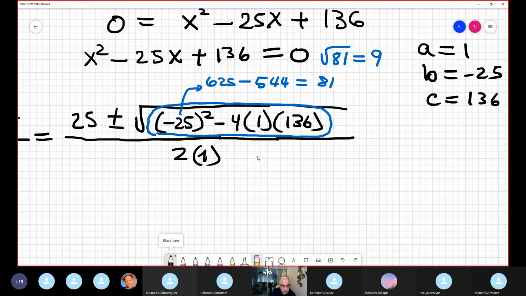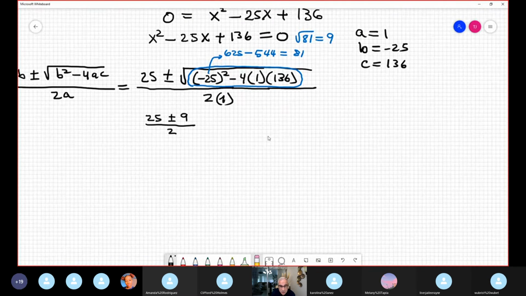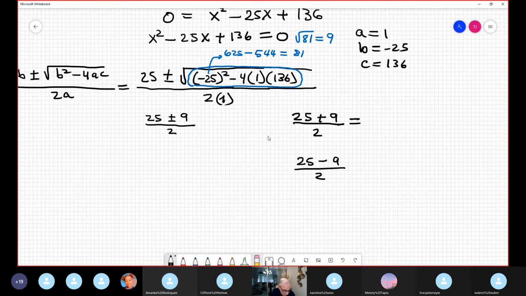Okay, so now so far we have 25 plus or minus 9 divided by 2. Okay, that's the thing I need to compute. Remember my recommendation, you split into parts, using plus, and using minus. 25 plus 9 is 34.